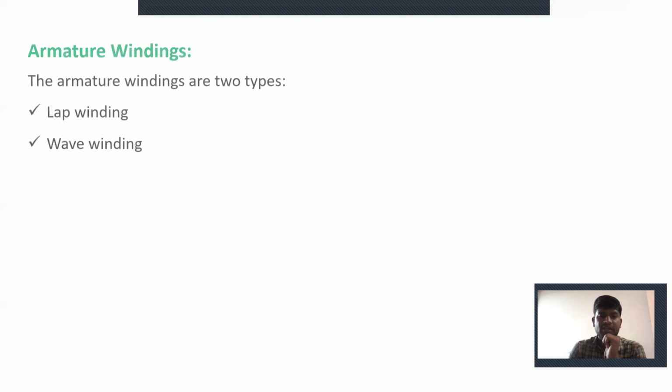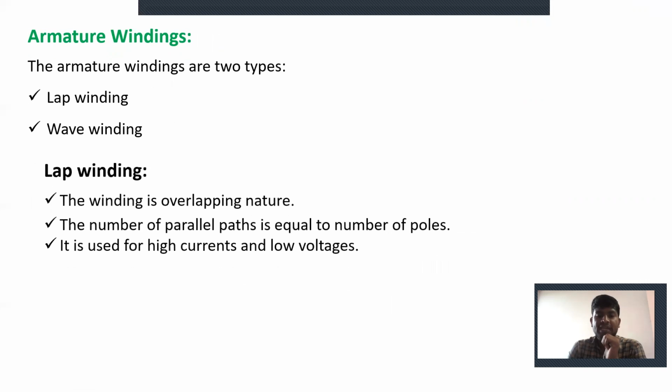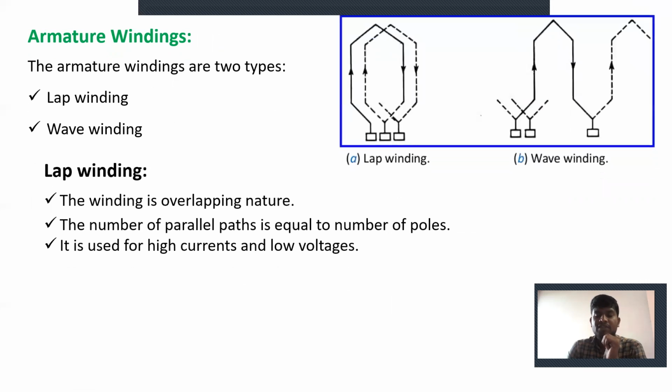Coming to the next, the armature windings. Basically the armature winding is placed in the armature slots. In the armature slots we place the armature conductors, and the conductor is nothing but the armature winding. This armature winding is designed in two types: lap winding and wave winding.